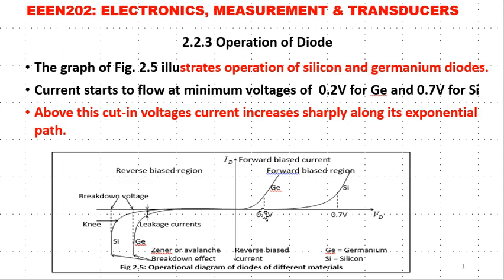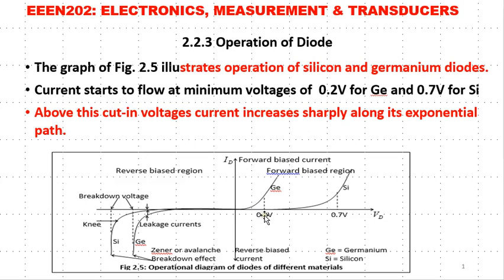Now, since we know the basic pure semiconductor materials we use are either germanium or silicon, as we have seen in our first lecture, this graph is a combined characteristic curve of PN junction diodes, one made using germanium and the other using silicon.